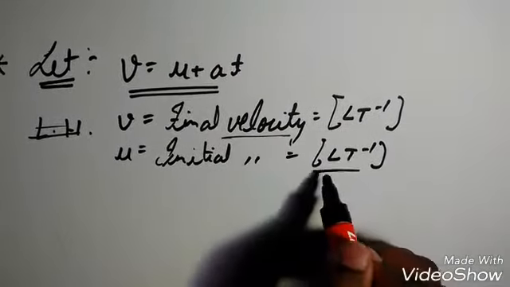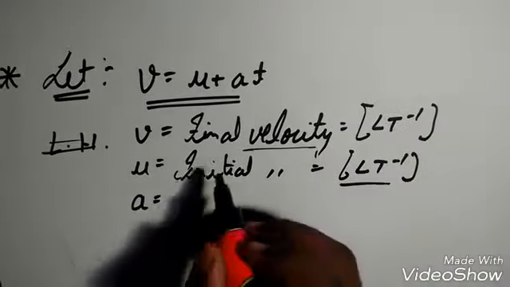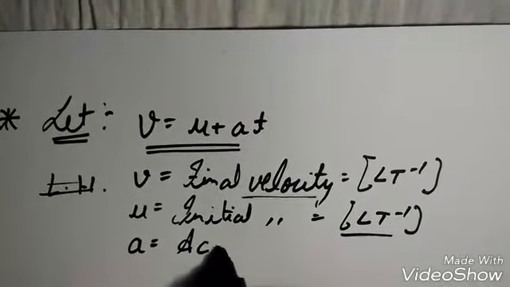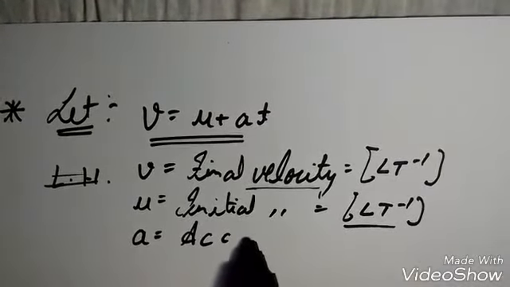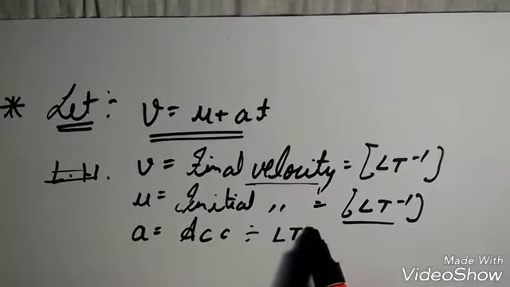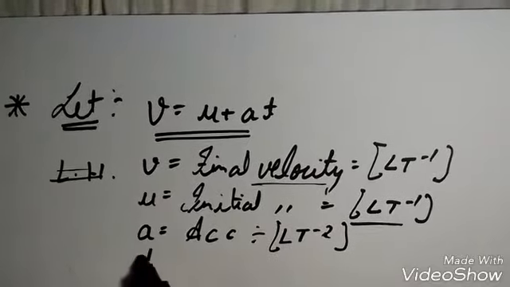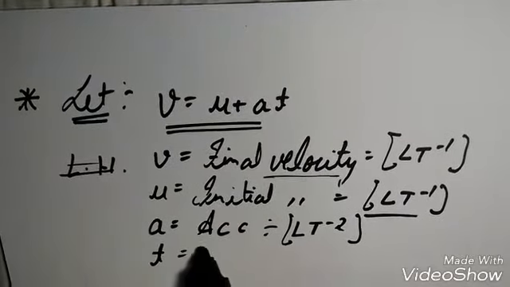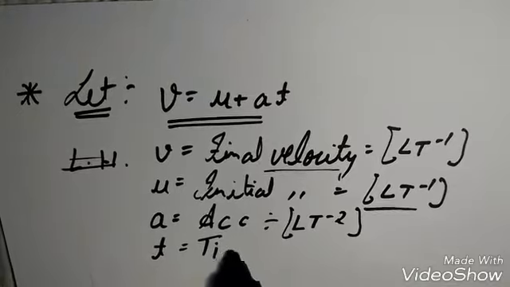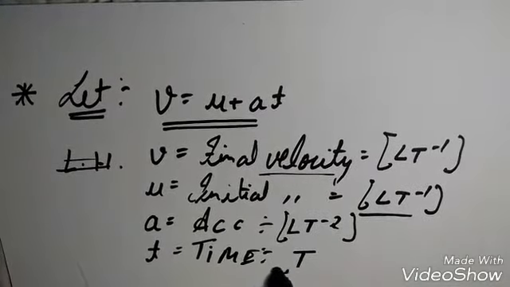Velocity will have a dimension formula of LT minus 1. Small a is denoting here acceleration. It has a dimension formula of LT minus 2. And small t is denoting here time. It has a dimension formula of capital T.